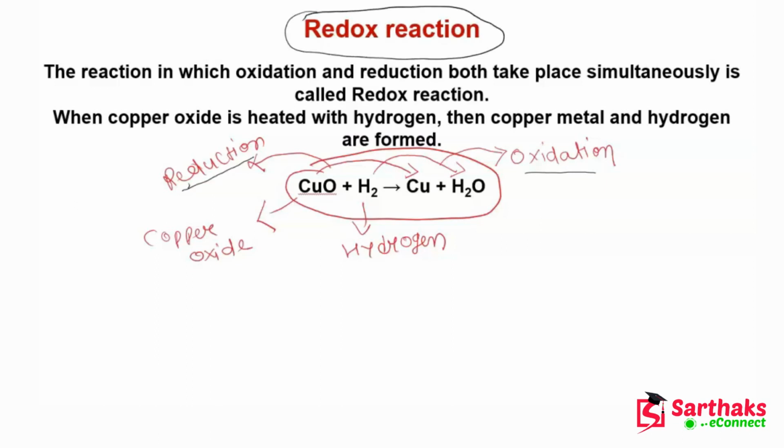That is the reason when we were studying oxidation and reduction, I was telling you that we have to be very clear at this point, because when we study redox reactions, we need to be very clear with oxidation and reduction. So guys, you can see what redox reactions are: these are the reactions where reduction and oxidation take place simultaneously.